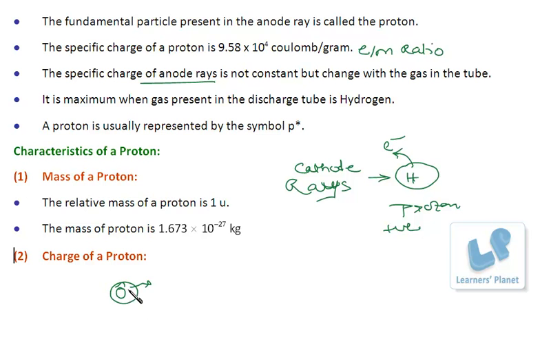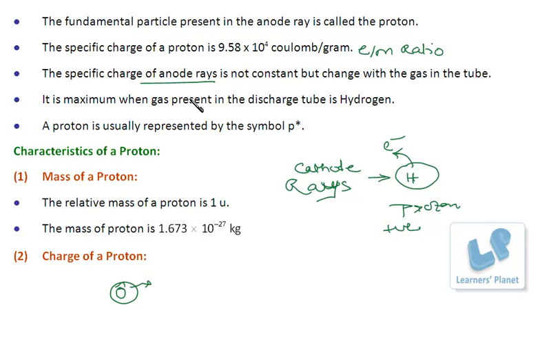And then the number of protons is different in different atoms. So there are 7 protons in nitrogen, 11 protons in sodium, 8 protons in oxygen, 6 protons in carbon. So the nature of these anode rays depends on the gas enclosed in the discharge tube.